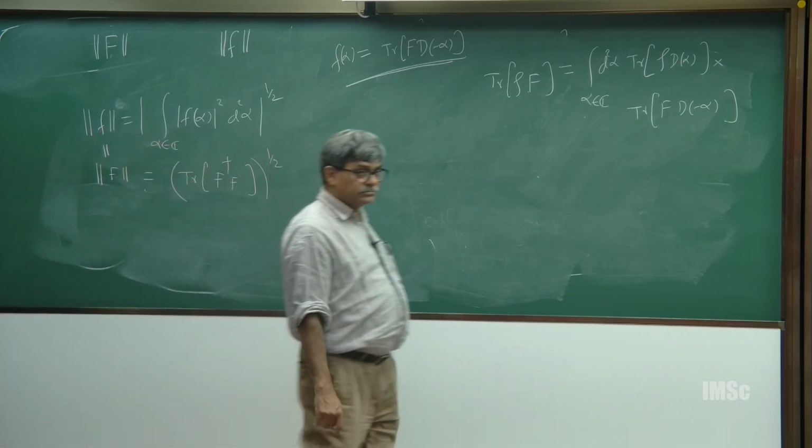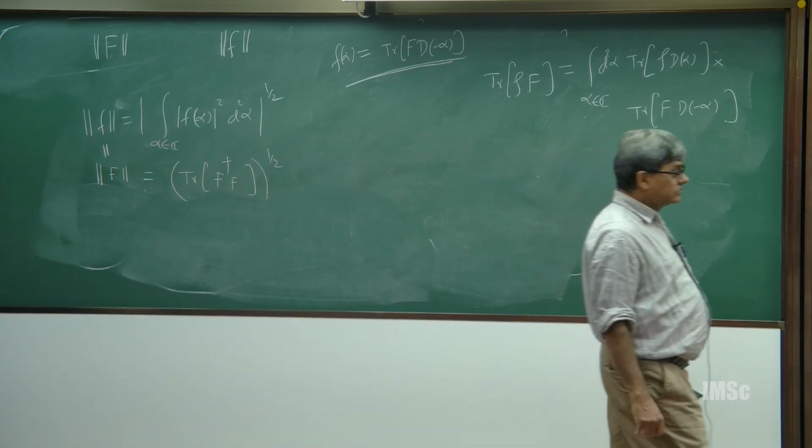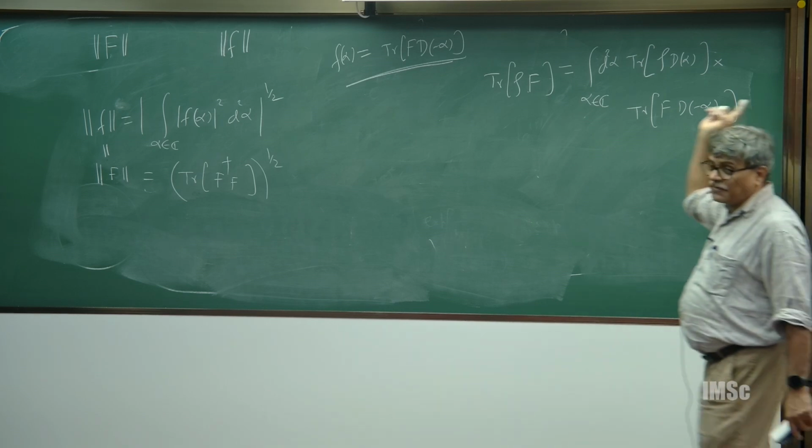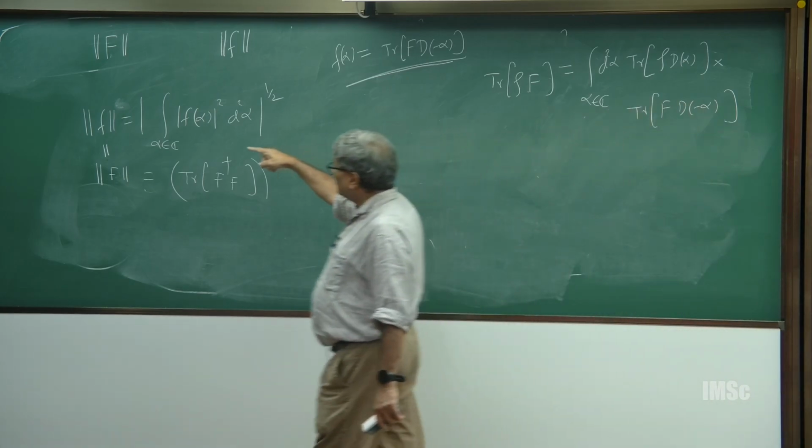This is similar to the coefficient, this small f of alpha. So the norm of that coefficient is equal to the norm of that operator. It is not the norm of that coefficient; this is a function, you will have to take this norm.